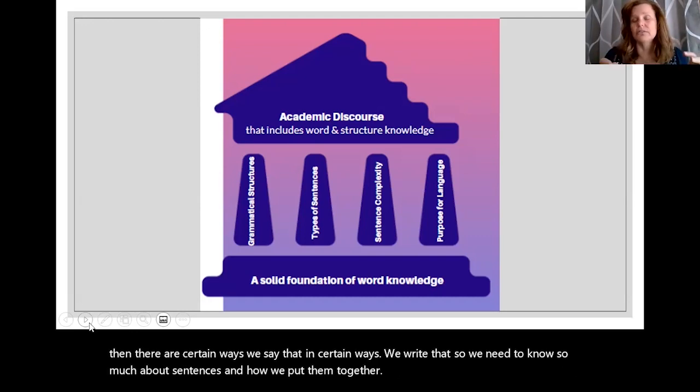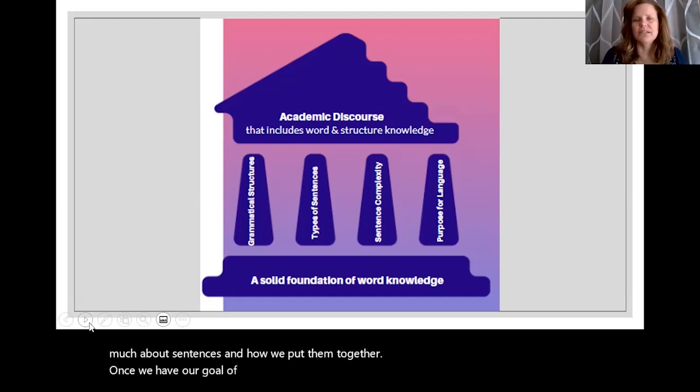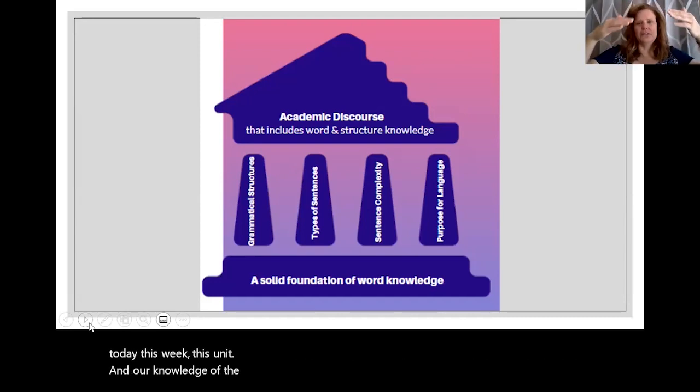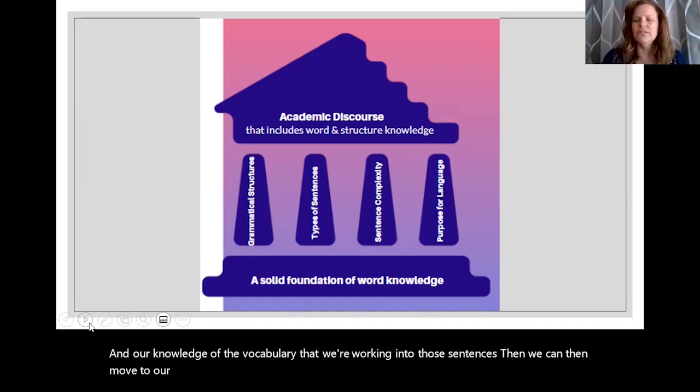Once we have our goal of what we want to do with sentences in the context of our classroom today, this week, this unit, and our knowledge of the vocabulary that we're working into those sentences, then we can move to our discourse where we take all of that information.